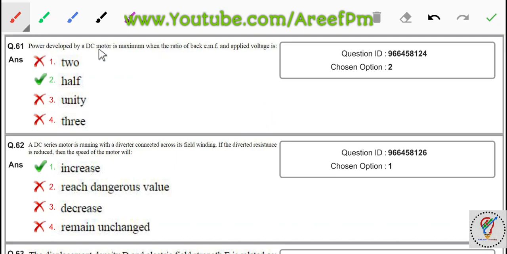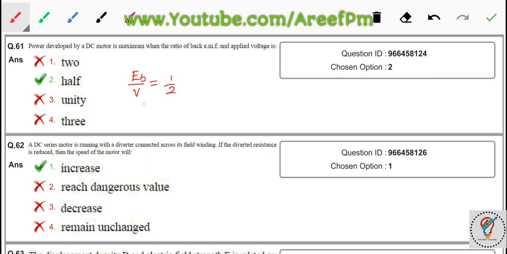The power developed by a DC motor is maximum when the ratio of back EMF and the applied voltage is? The ratio of back EMF to the supply voltage should be 1 by 2.